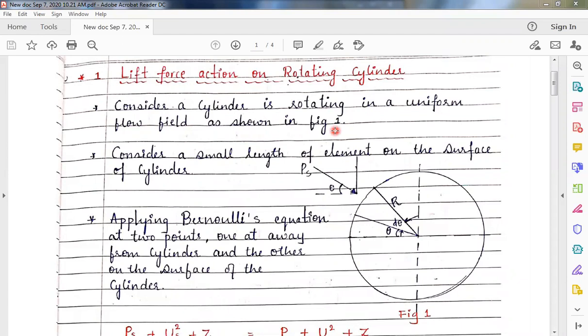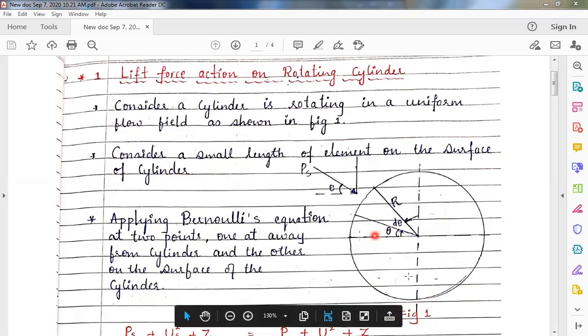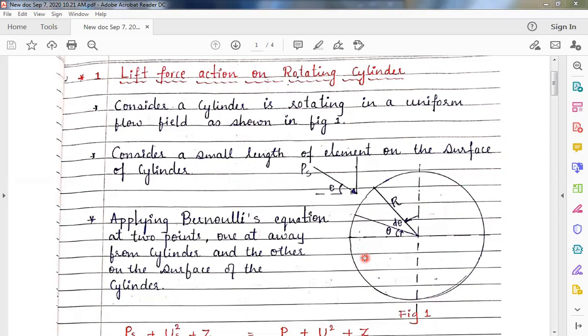Next, consider a small length of element on the surface of the cylinder, where this cylinder is rotating in a uniform flow, not inside, only on the surface of the cylinder.